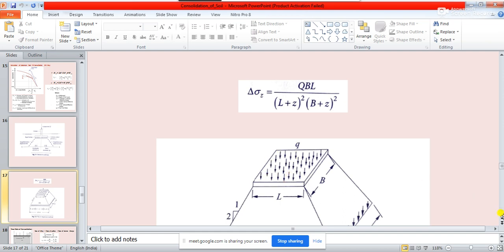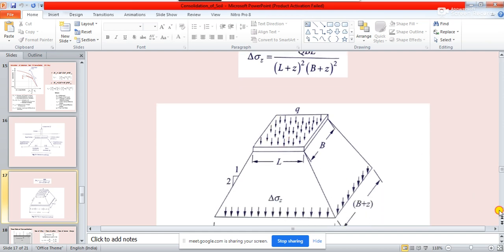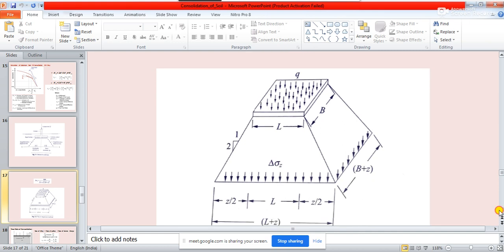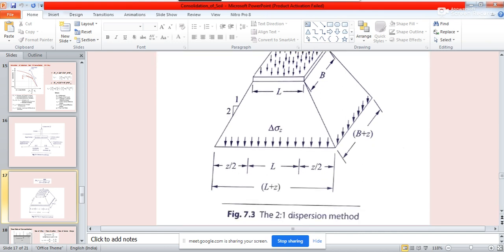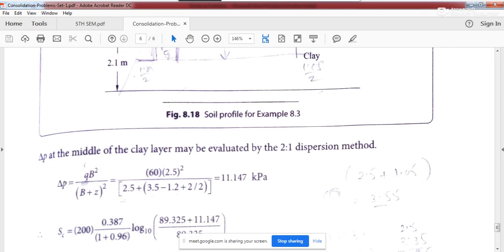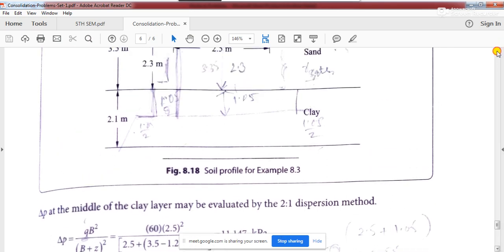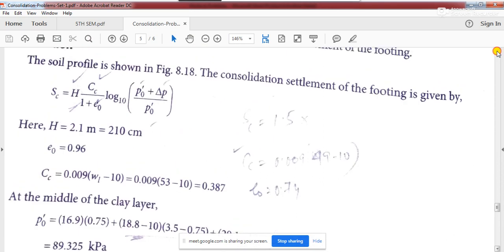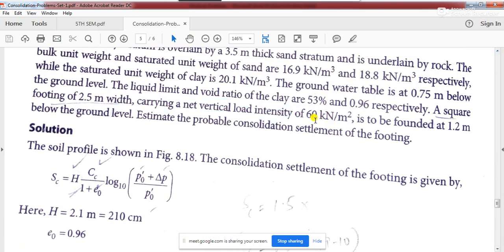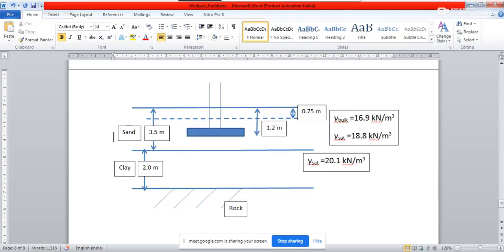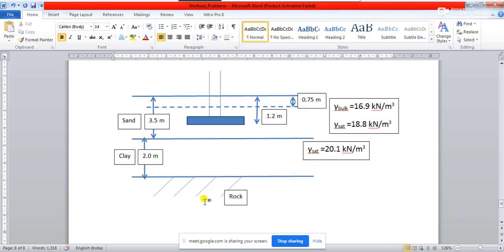So the load on this footing, how much is it going to be? If you observe this problem, the load intensity is given in kilonewton per meter square, right? So I'll have to write over here.